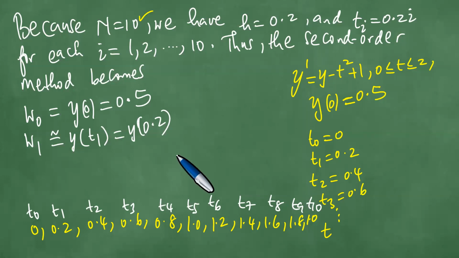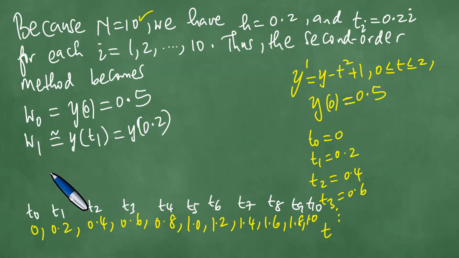What is Y at 0.2? That is what we're estimating. Because we don't know the exact equation yet, the solution to this.